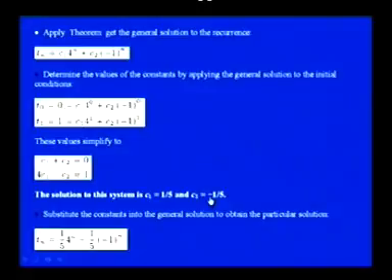So, you have to substitute this into your original equation, T(n) equal to C1 into 4 power n plus C2 into minus 1 power n. C1 and C2 we have already found out, so you substitute them back into this equation. Now you have the final equation like this.